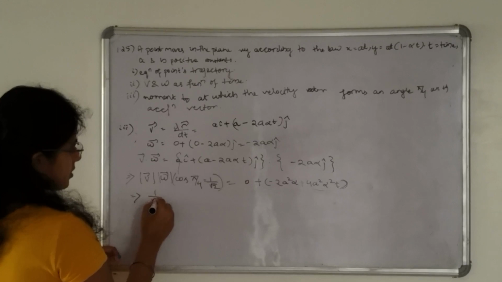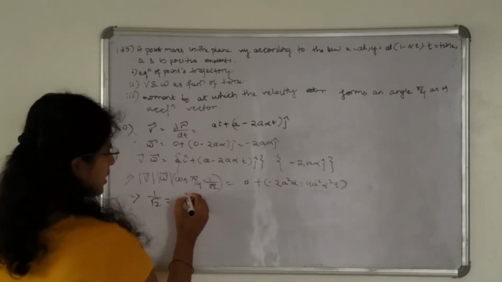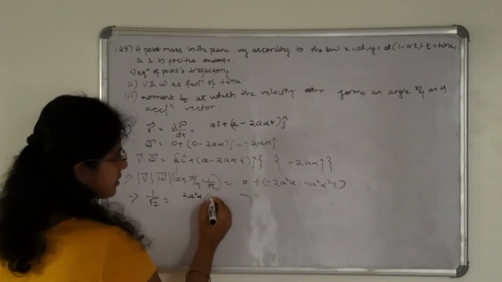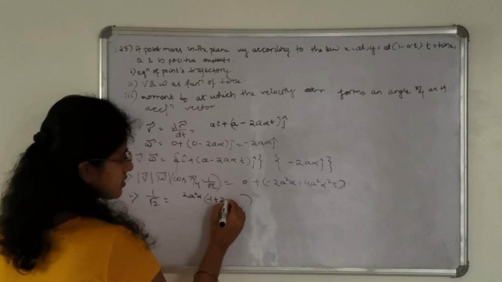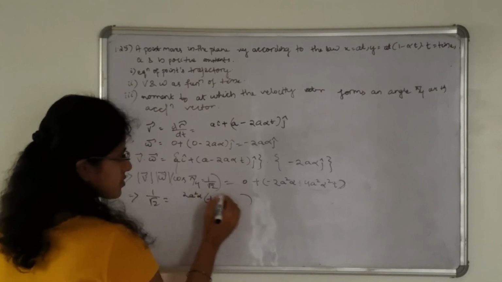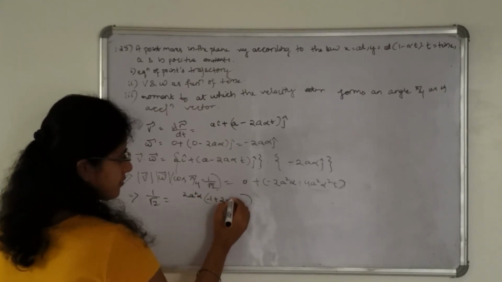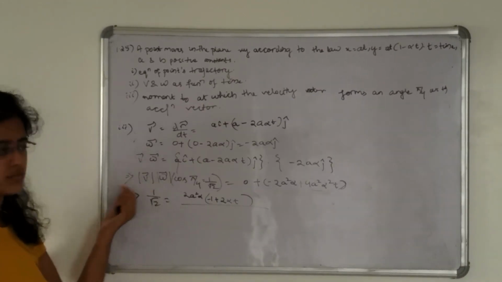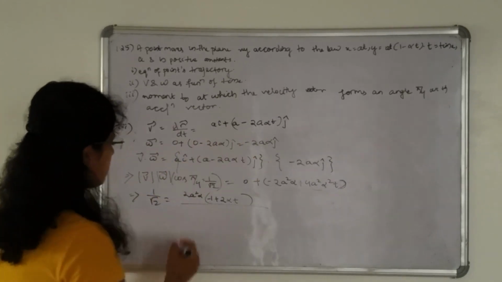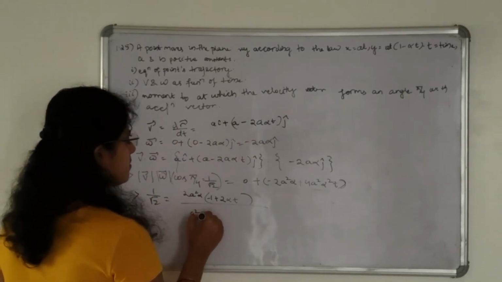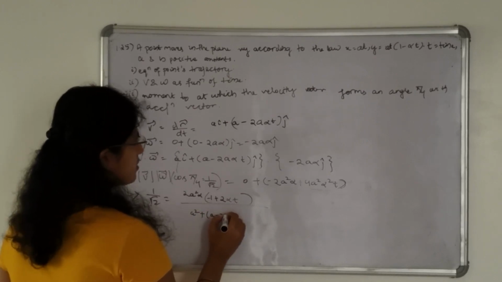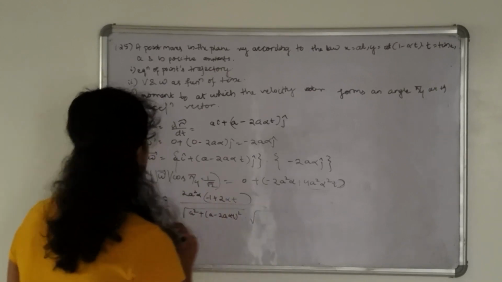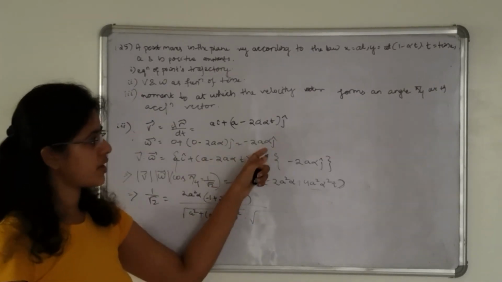So 1 by root 2 is equal to how much? If we take out 2a square alpha, then in the bracket what we get? Minus 1 plus 2 alpha t, with a square alpha taken out, divided by the multiplication of the moduli of these two terms. So the modulus of v is how much? Root over of a square plus (a minus 2a alpha t) whole square, into the modulus of omega, that is root over the square of this term.